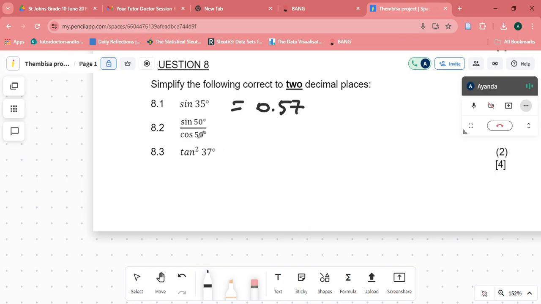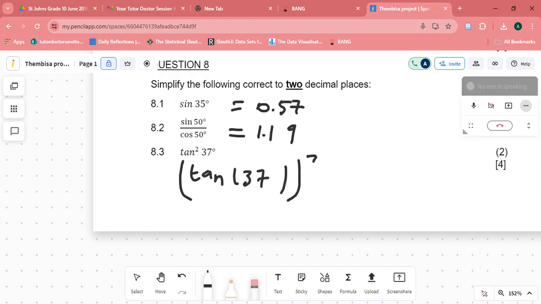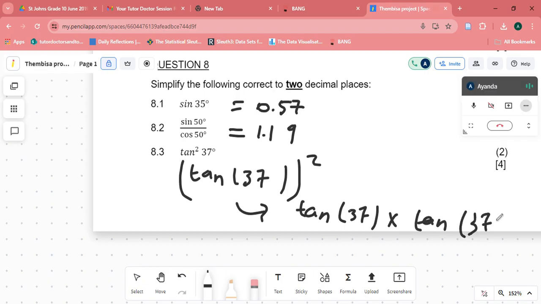Sine 50 over cos 50 gives us 1.19. And tan squared 37, remember, is tan of 37 squared, which is the same thing as tan of 37 times tan of 37, which gives us 0.57.